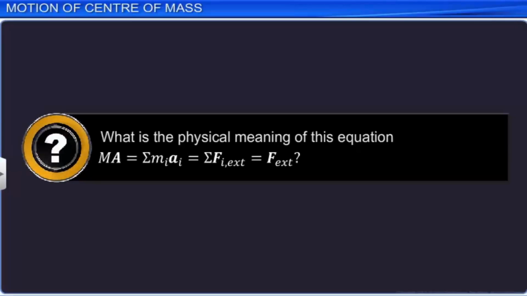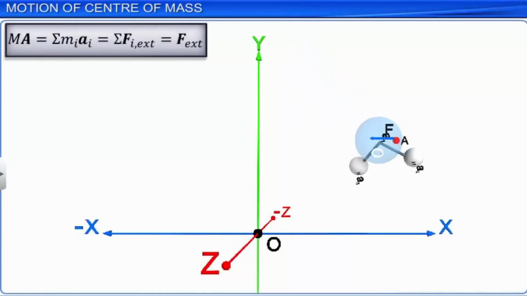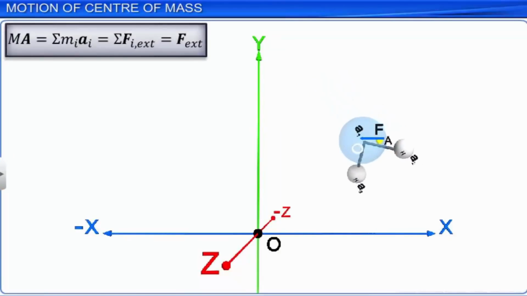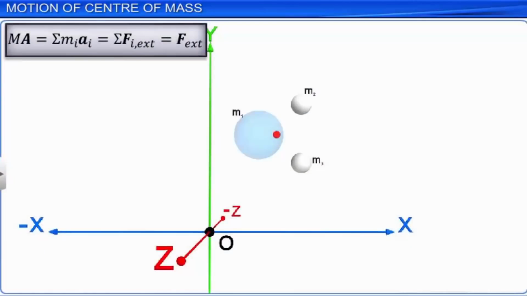What is the physical meaning of this equation? MA is equal to sigma miai, which is equal to sigma Fi external and is also equal to F external. 1. The motion of the center of mass of a system of particles is independent of the internal forces. 2.